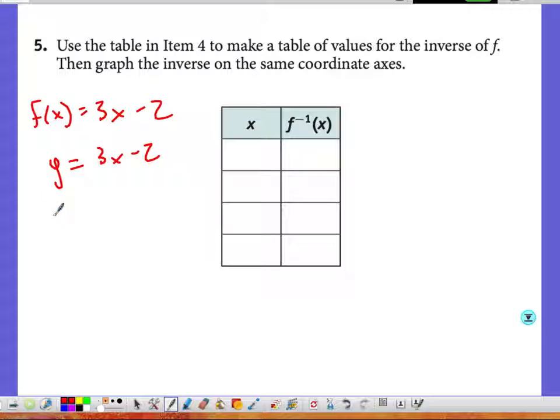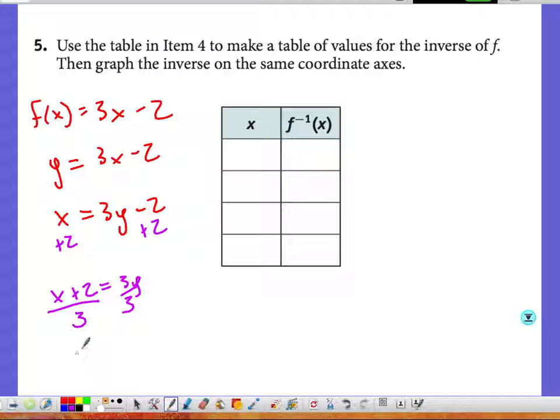We interchange x and y, so x equals 3y minus 2, and we just solve for y. So we need to add 2 to both sides, so we get x plus 2 equals 3y, and then we divide by 3. And so the final thing we want to do is write f inverse of x is equal to x plus 2 divided by 3.